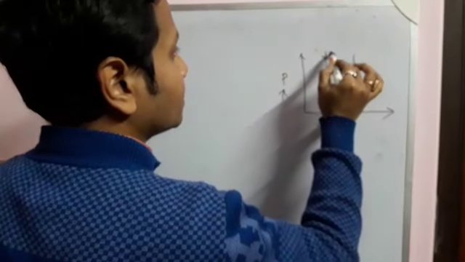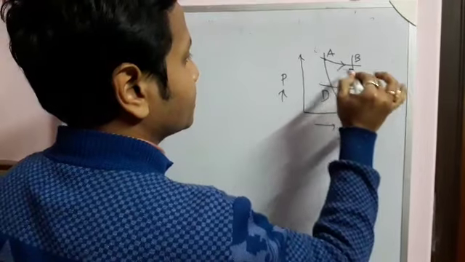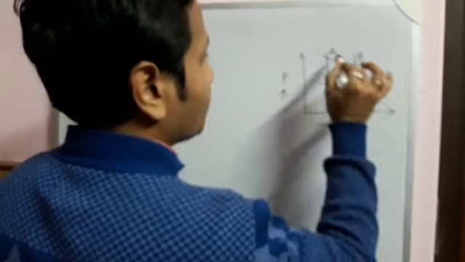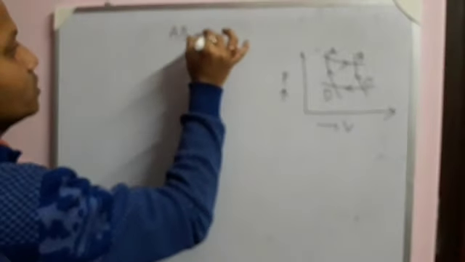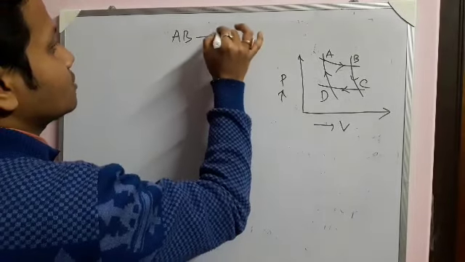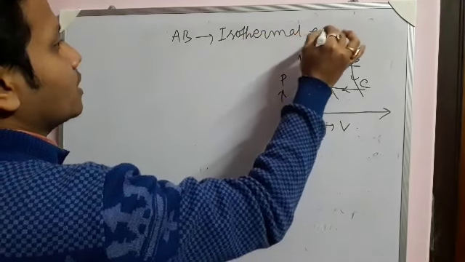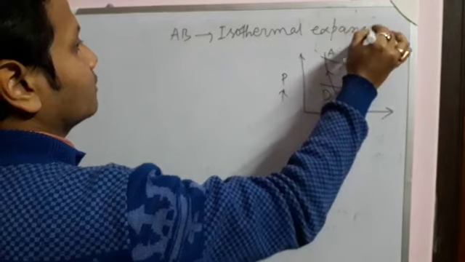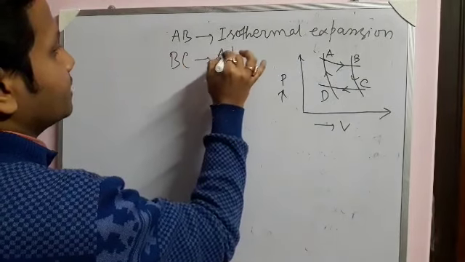Say this is the initial point. So the cycle looks like this. There are four steps. Along AB there is isothermal expansion, and BC is adiabatic expansion.